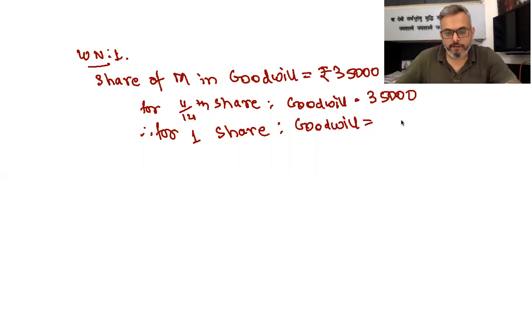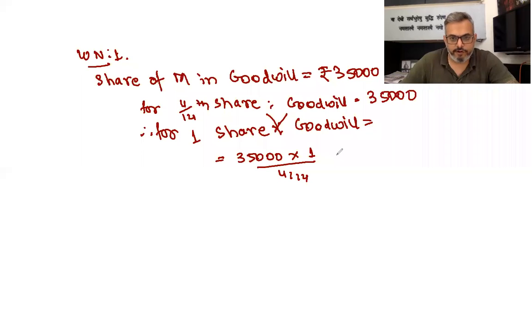Now, we cross multiply and what we get is 35,000 into 1 upon 4 by 14. तो उसको रिवर्स कर देंगे. Okay, I'll just do one more step for you. 4 by 14 है तो ये 14 ऊपर आ जाएगा, 4 नीचे रह जाएगा.